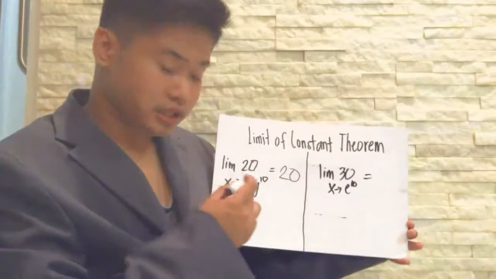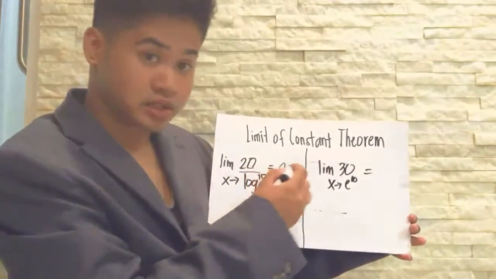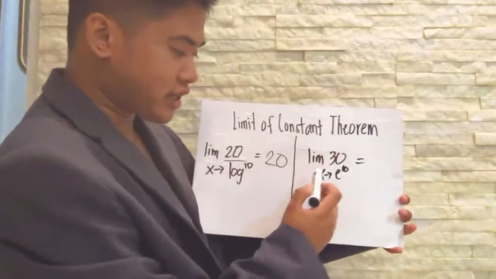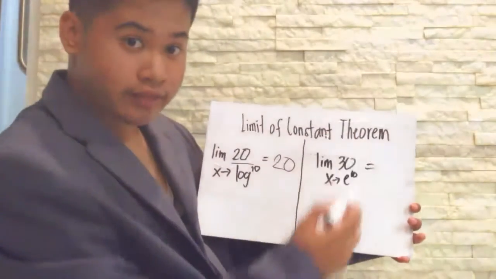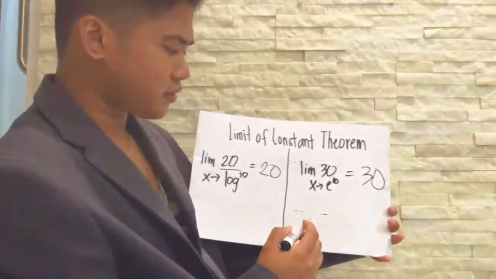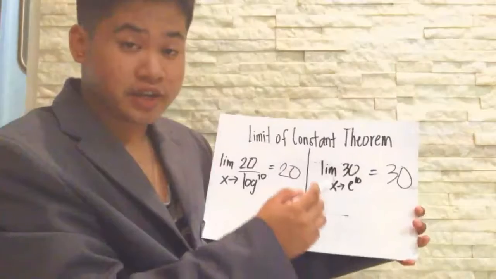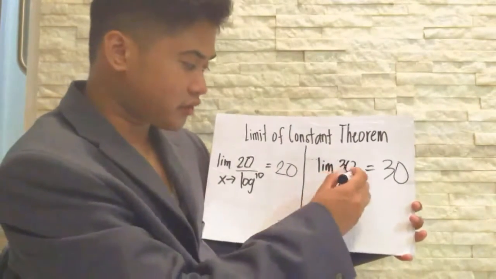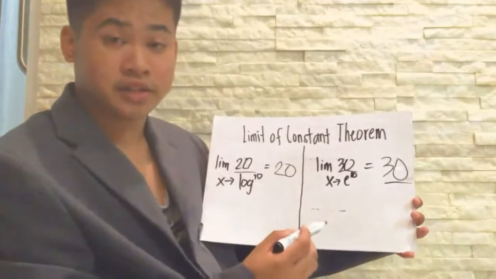The given constant here is 20, so our answer is 20. Next one, the limit of 30 as x approaches e raised to 10. The answer here is 30, because it satisfies the rule of the limit of constant theorem. 30 is our given constant, so 30 is our answer.